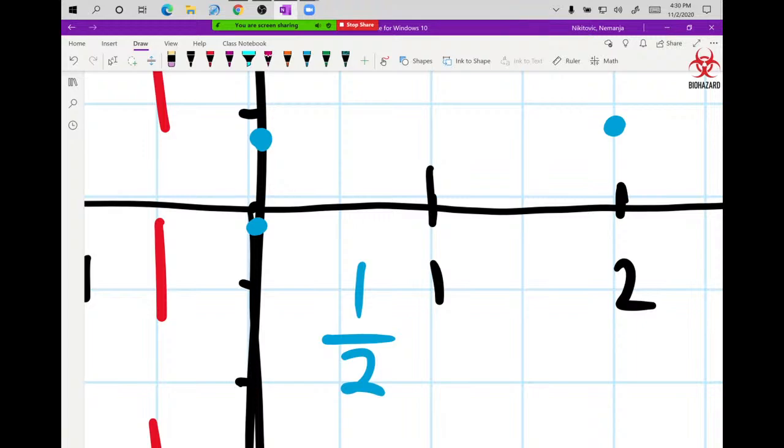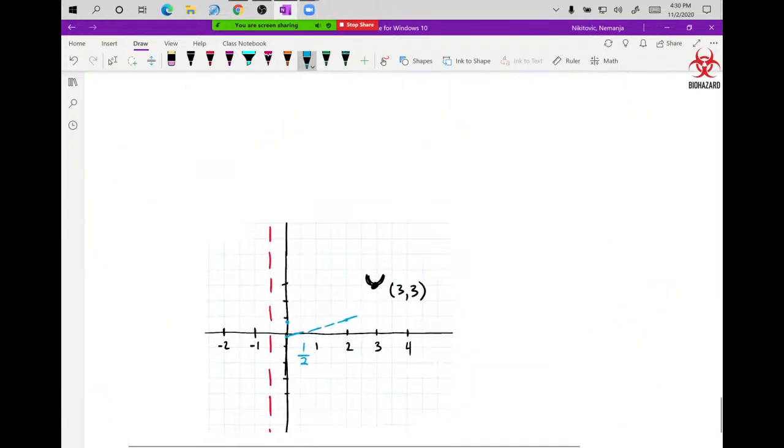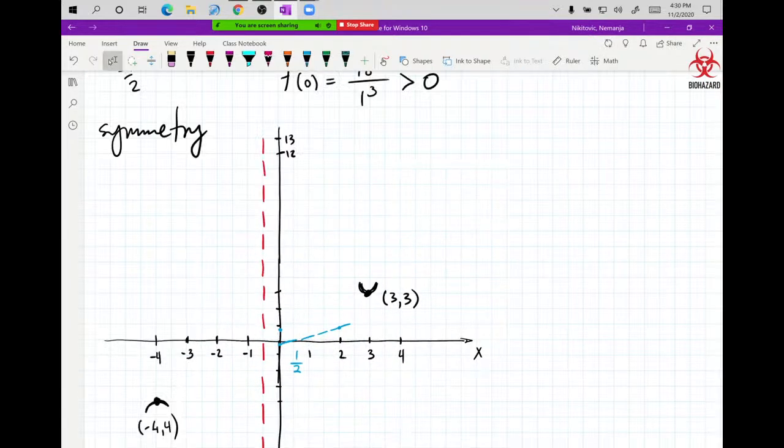So we have something like that, and then we just need to follow this out forever on both sides to the best we can.